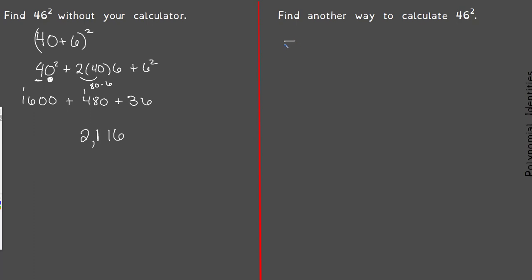But honestly this isn't the easiest way. I can actually find 46 an easier way by subtracting 4 from it. And so I would have 50 squared minus 2 times 4 times 50 plus 4 squared. So 5 squared is 25, and doubling my zeros gives me 2 zeros.